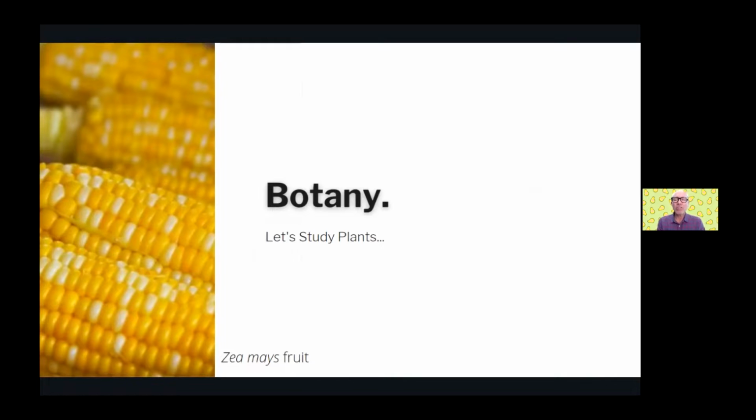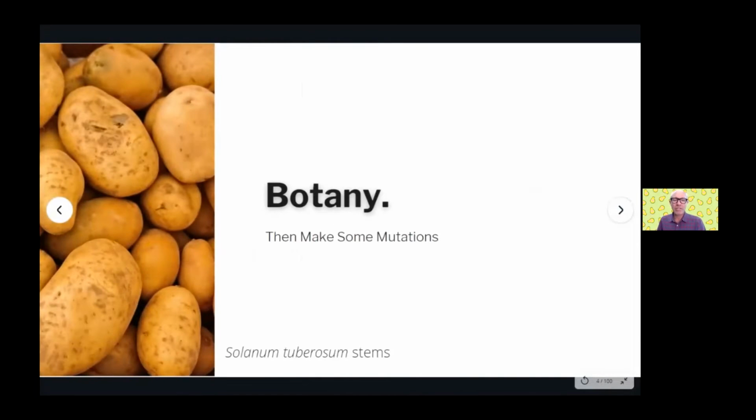So the title is Kitchen Botany. We put the word botany in the title because we want to remind everyone that this is, after all, science. And botany, of course, is the study of plants. So let's study some plants today, like this, the fruit of the corn plant.